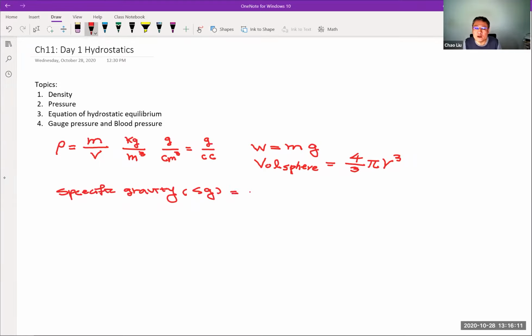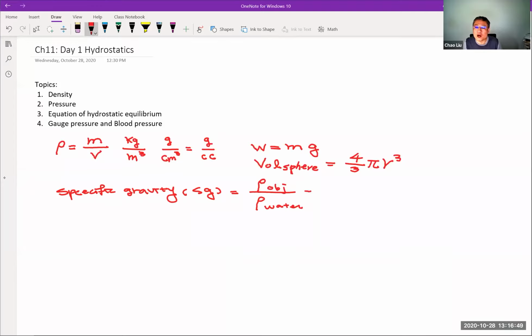It's actually a ratio of the density between two objects. So if you have an object and you want to say what is the specific gravity of the object, you need a reference object. The reference object that we use is water. So if you use the density of water as the reference and you use the density of the object, then the specific gravity of the object is going to be the ratio of the two densities.